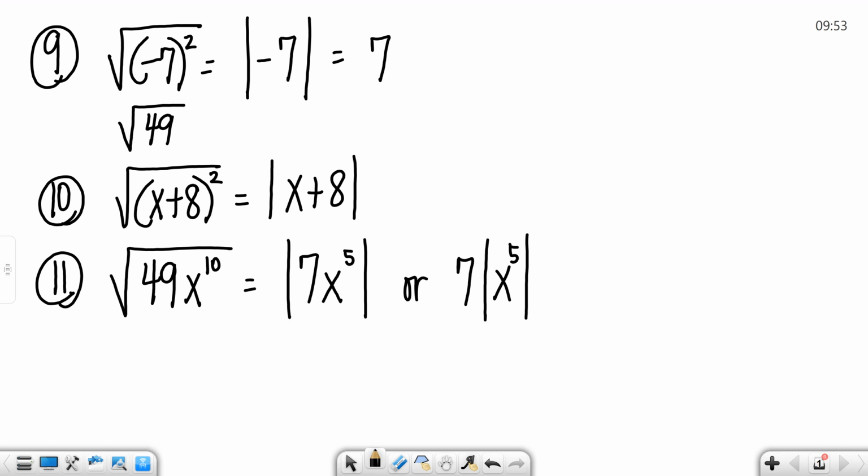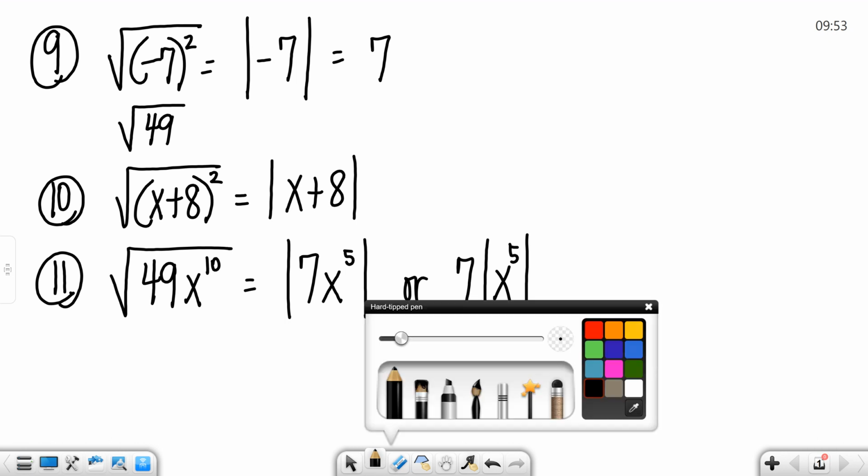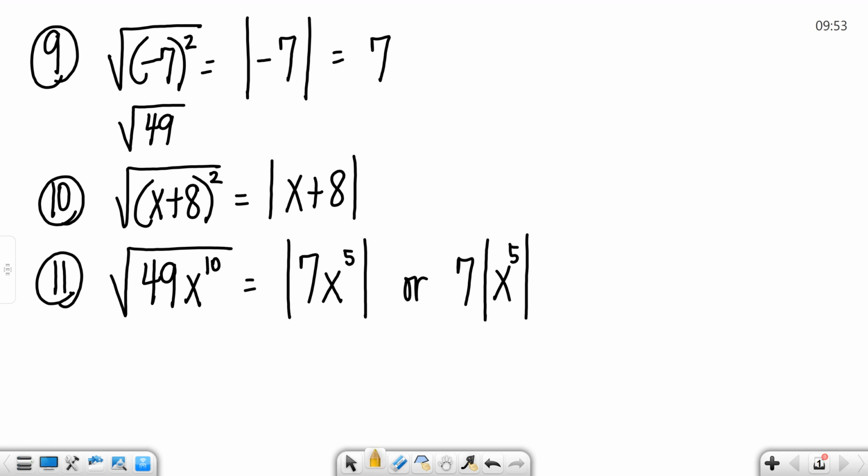So here's what I want you to notice on these problems. On all of these, it is understood that this is the square root. We don't usually write that. It's just understood that that is a square root. When we get our final answer, like on number 10, the x plus 8 has an exponent of 1.